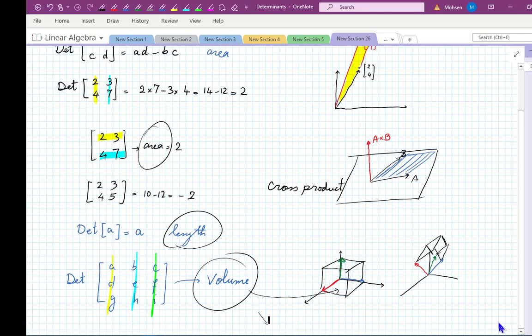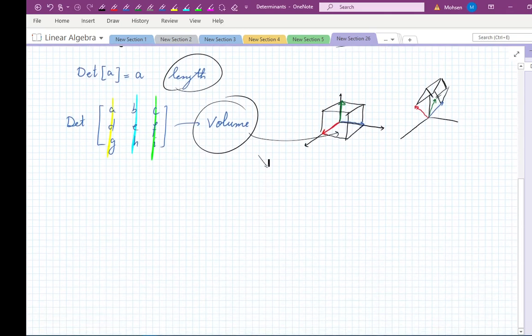Okay, so let me remind you, a shortcut, and then emphasize only good for 3 by 3, not applicable.